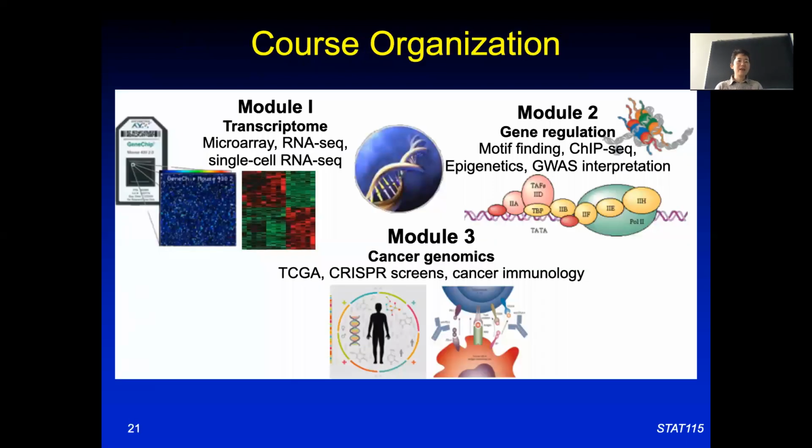So you probably saw some brochures around this building and other campus buildings. The course is divided into 3 modules. The first part, we're going to teach you about gene expression, expression microarrays, RNA sequencing, and single-cell RNA sequencing, and how to do analysis on those and the algorithms there.